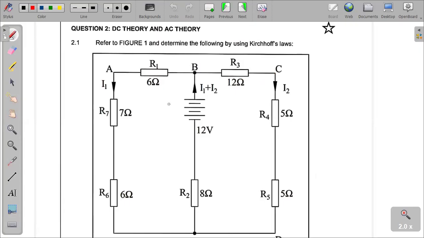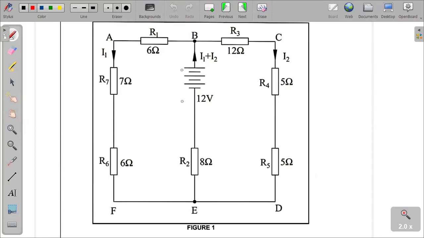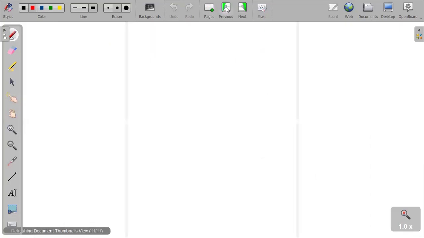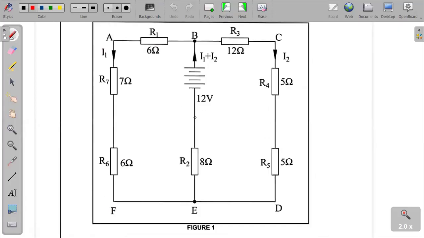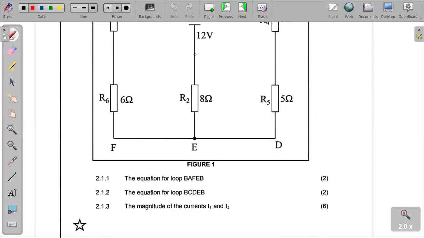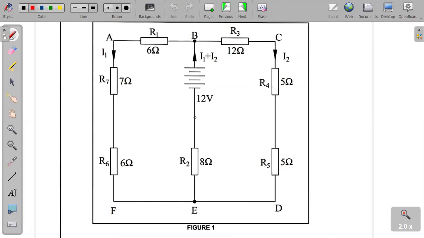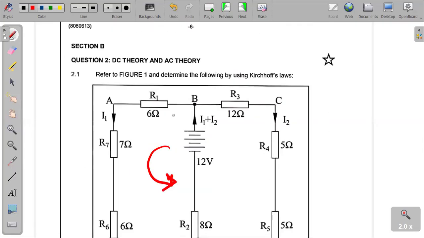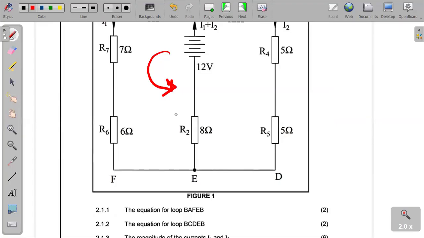Question number 2 says, refer to figure 1, determine the following by using Kirchhoff's laws. Determine the equation for loop BAFEB. According to Kirchhoff's second law, the EMF in every closed loop is equivalent to the algebraic sum of all the potential differences in that loop.